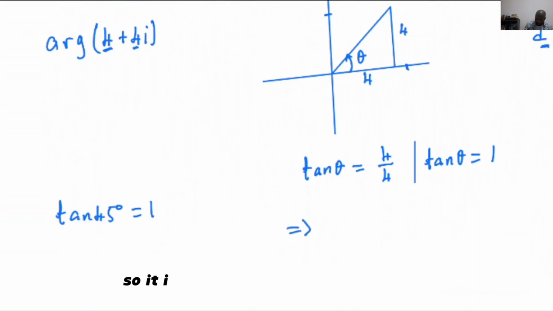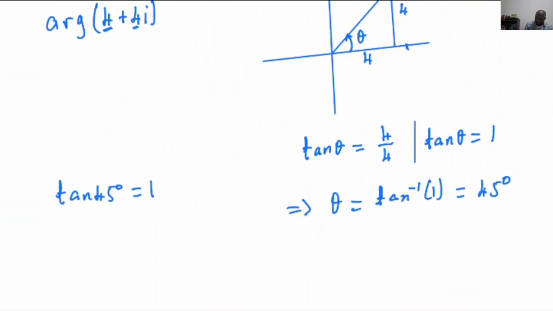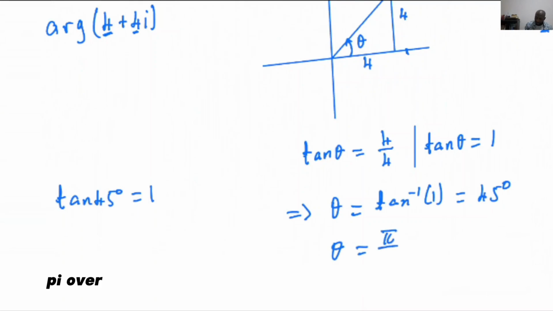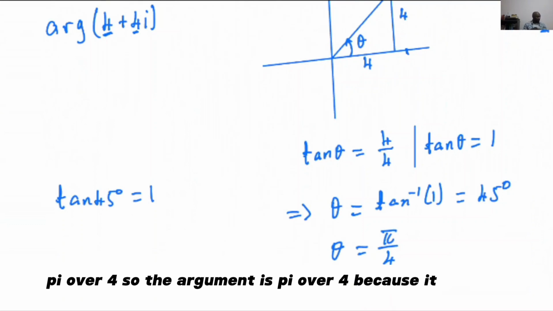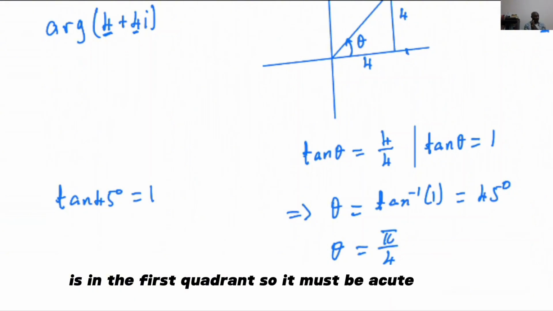So it implies the angle theta, which is tan inverse of 1, must be 45 degrees. And 45 degrees is the same as pi over 4. So the argument is pi over 4 because it is in the first quadrant, so it must be acute.